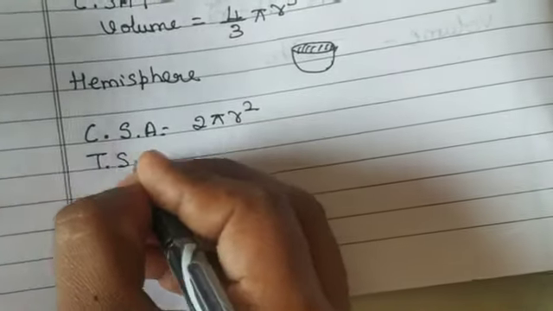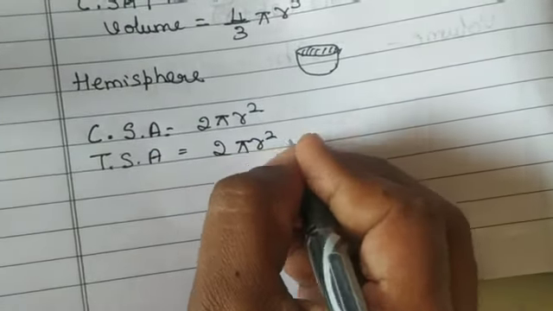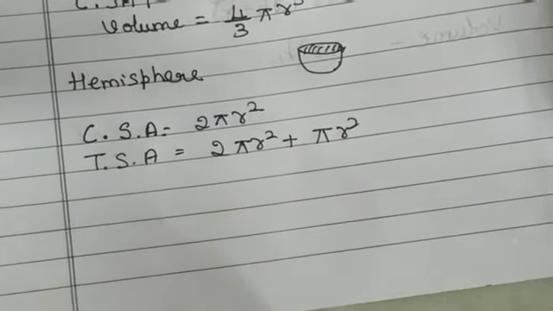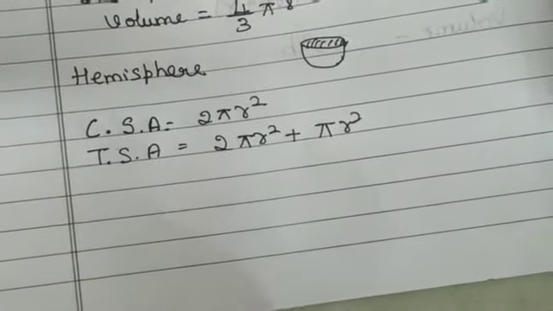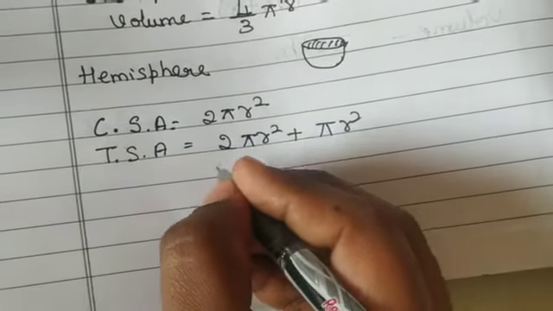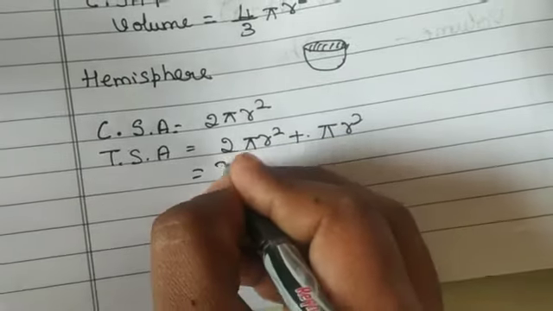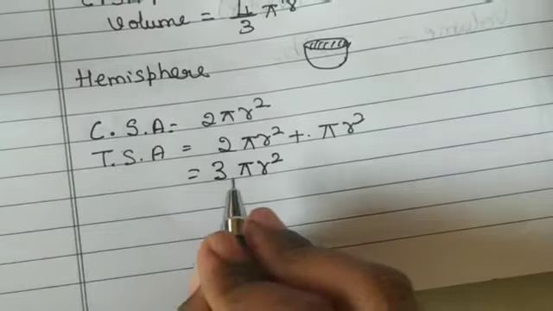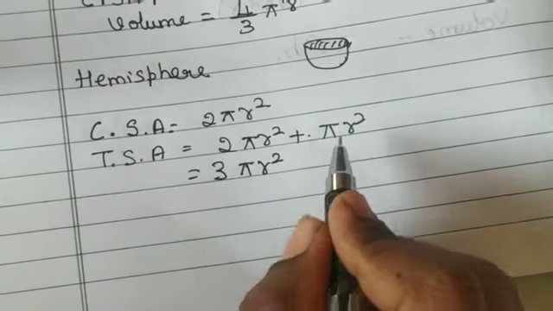The total surface area equals 2 pi R square plus pi R square. What is common here? We are not getting a common factor. 2 plus 1 is 3, so the total surface area equals 3 pi R square.